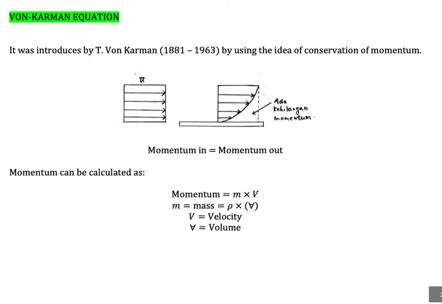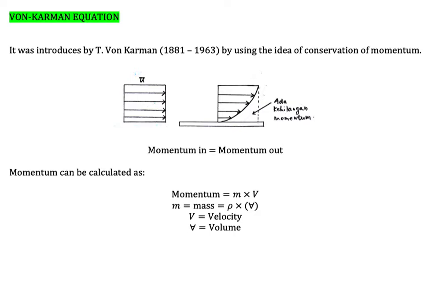And then I would like to show you another equation, because if you refer back to our previous lecture, the main objective of the boundary layer is to calculate the drag force, the lift force, and also the shear stress, because the shear stress is the only parameter that we don't know to calculate our lift and drag force.